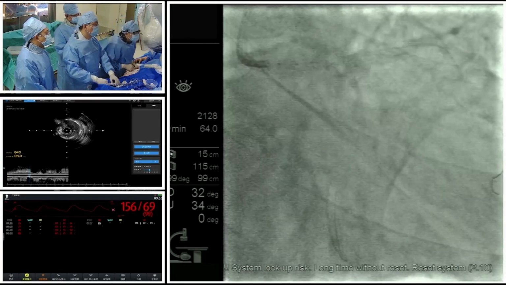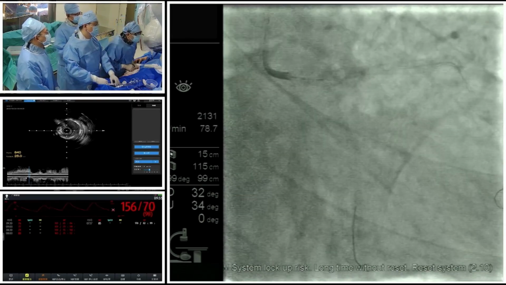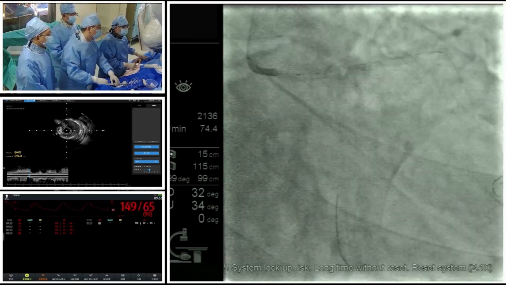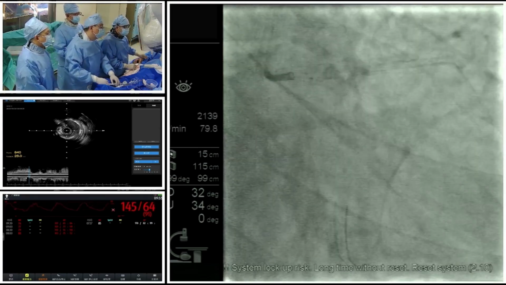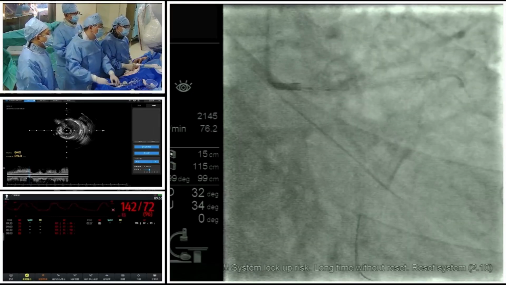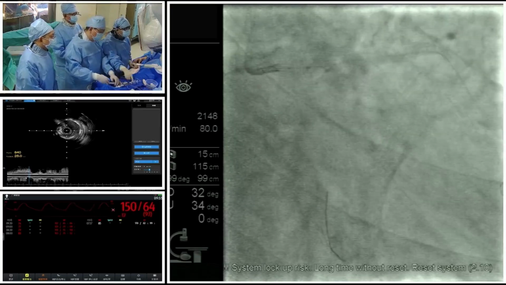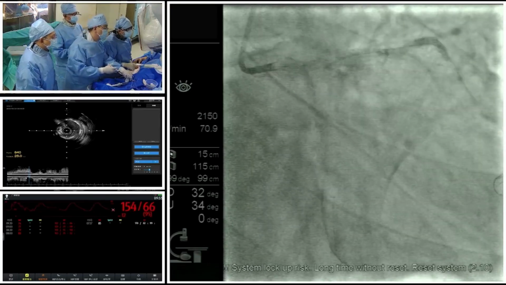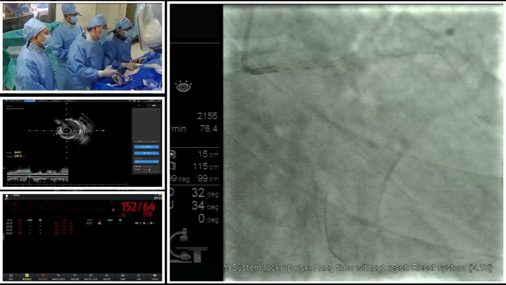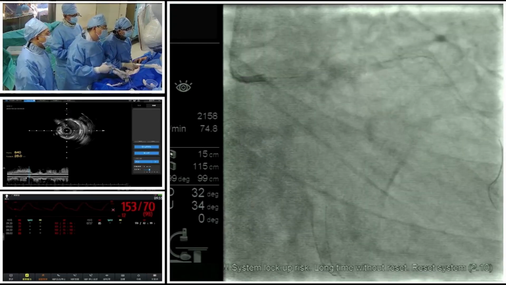So, Dr. Gong, as we all know, we have more and more provisional strategy in PCI nowadays. So it's much easier and has good long term outcomes. When we do the POT technique, which position will you choose the first time you do the POT technique?